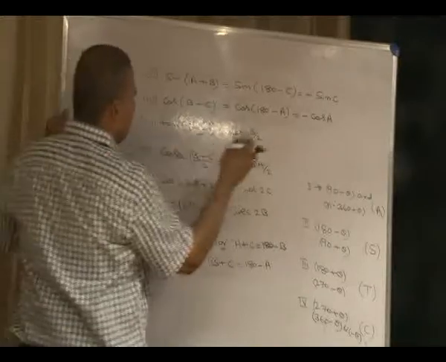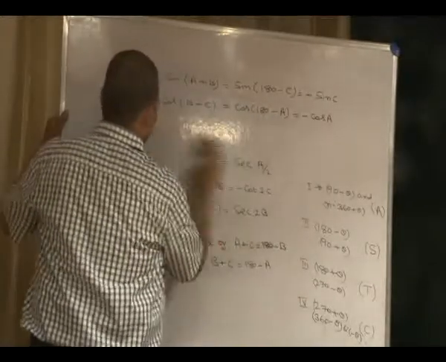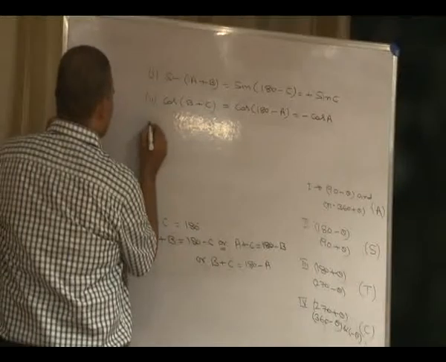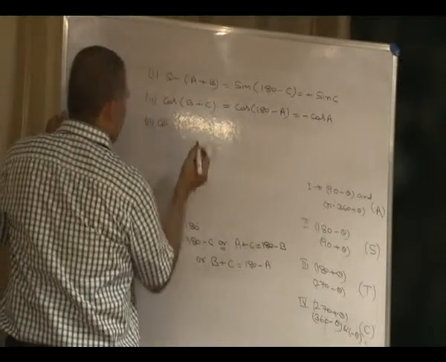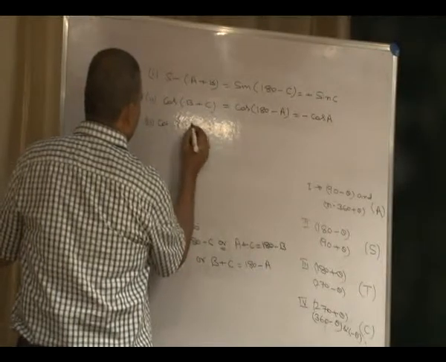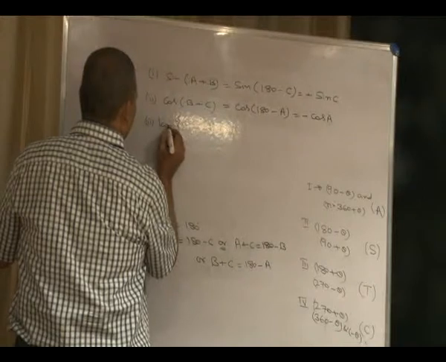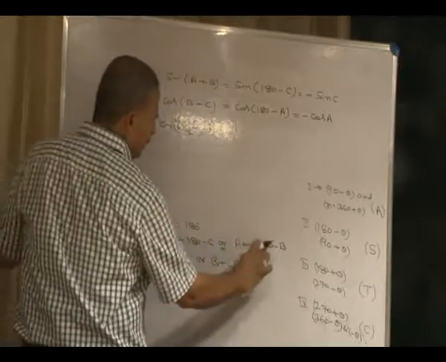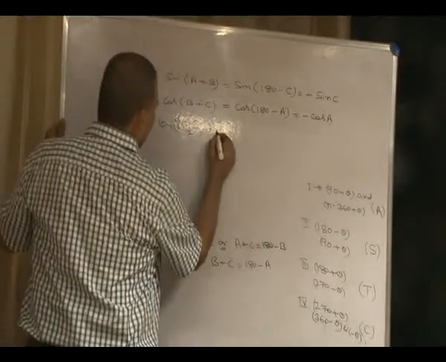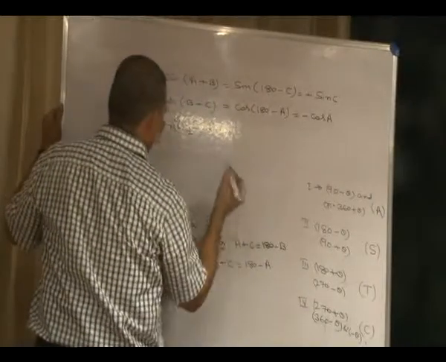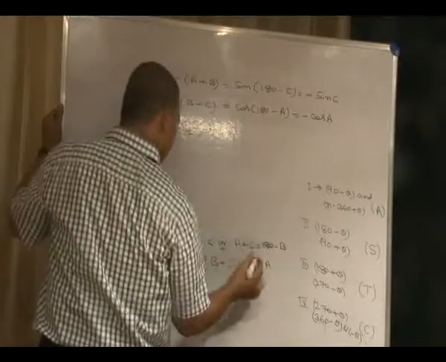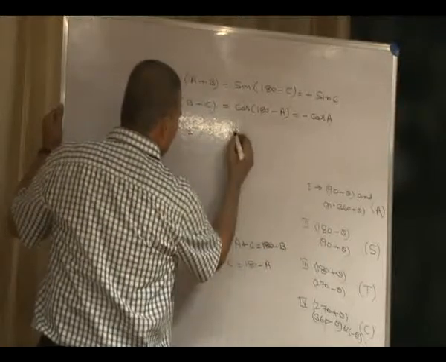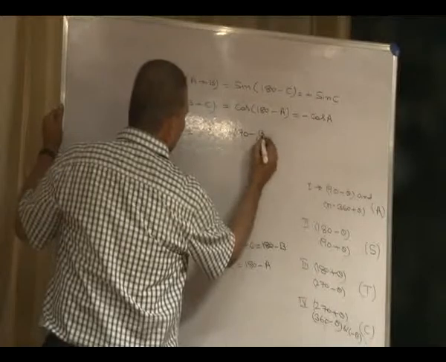Here, tan of (A plus C) by 2 is cot B by 2. Tan of (A plus C) by 2 is equal to, here A plus C is 180 minus B, so tan of (A plus C) by 2 equals tan of (180 minus B) by 2, that is 90 minus B by 2.